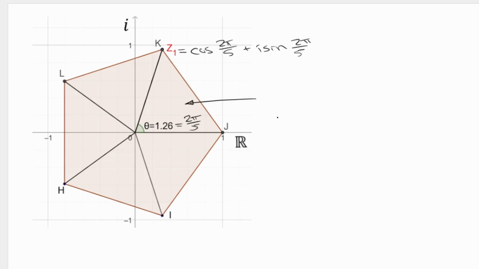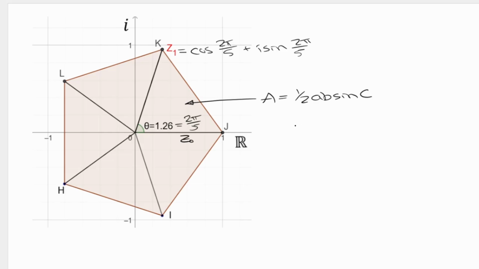Now we know that that triangle we can find by using the basic relationship of half ab sin C. And a and b are both the moduli of, in this case, z0, from the origin to 1. That's our first root of unity, and from 0 to z1.